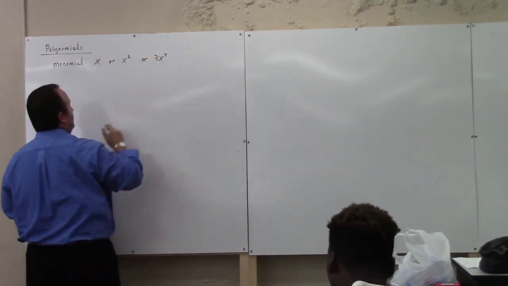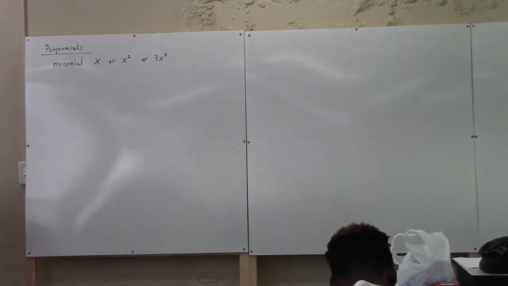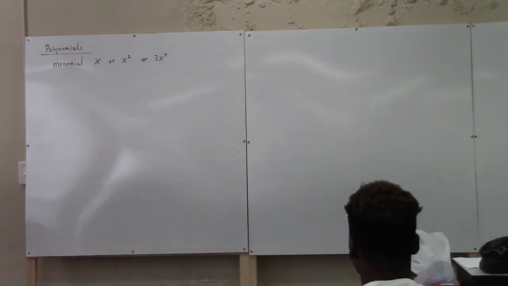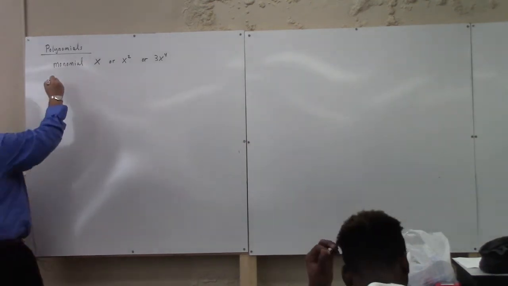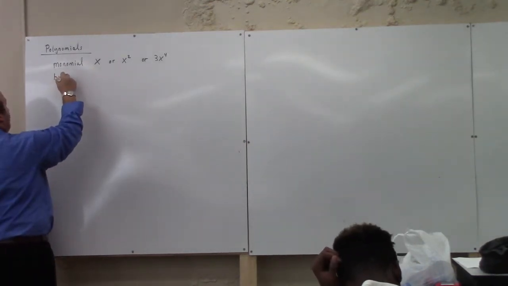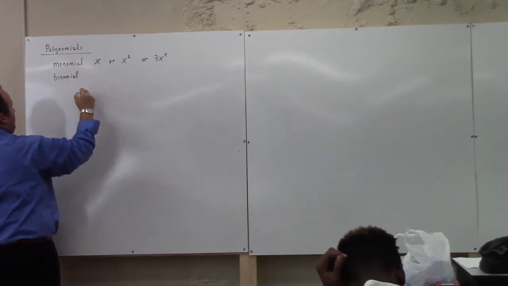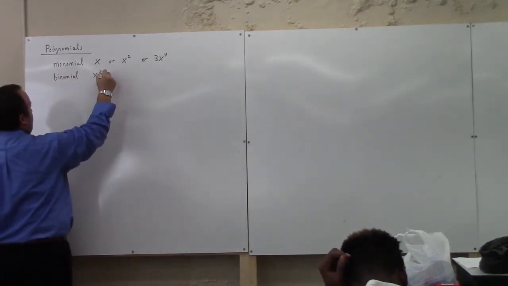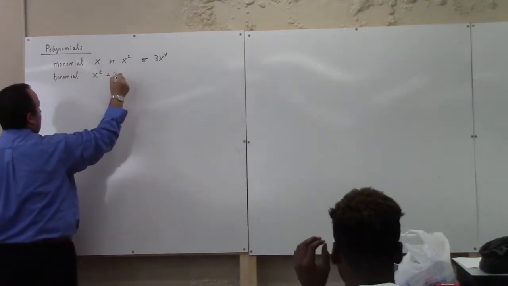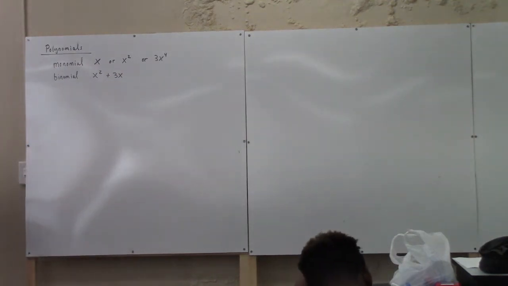These would be examples of monomials because they have just one term. All right? Now, a binomial would be something like x squared plus 3x. See, it's called a binomial because it has two terms, right?